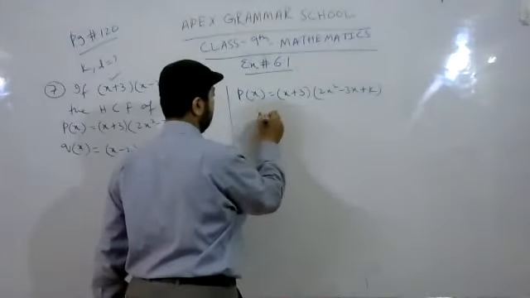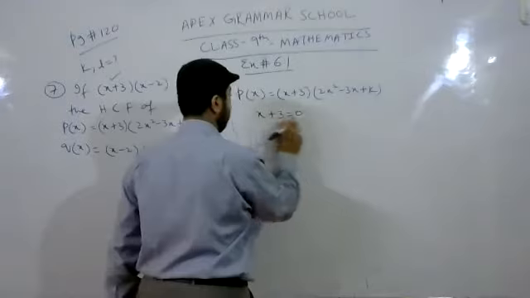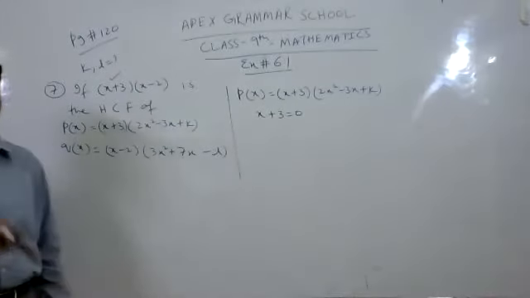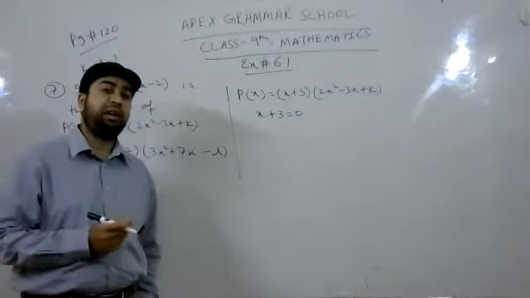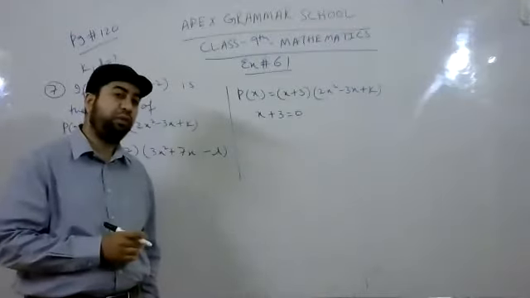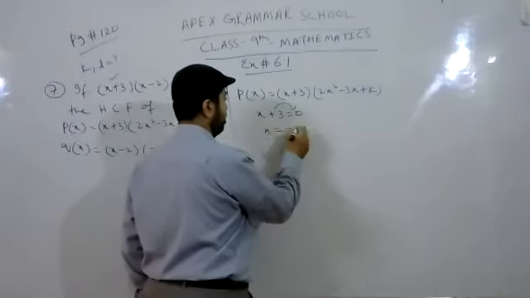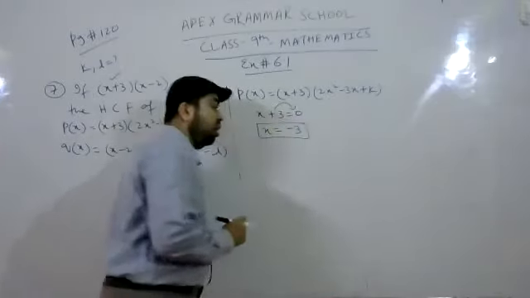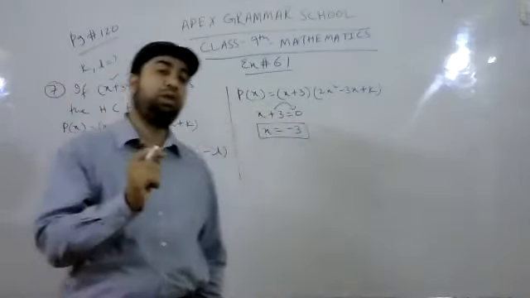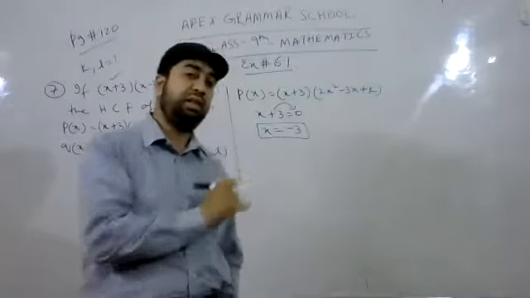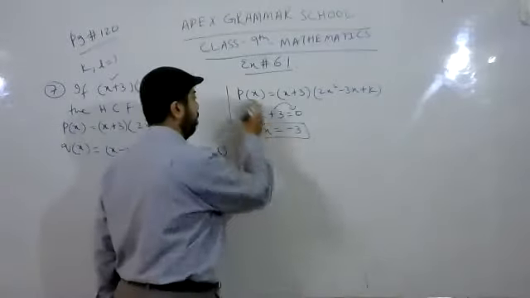Apply the zero method here. Put x + 3 = 0, as we have already done in exercises 5.3 and 5.4. So the value of x is -3. But what if we put this value of x in it?